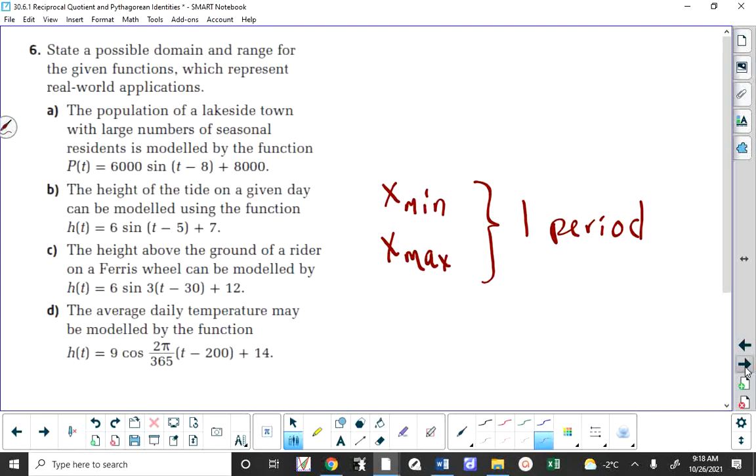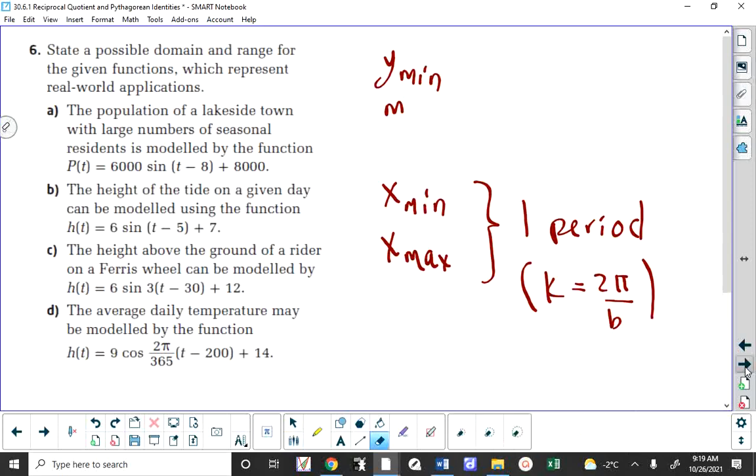So you have to look at the equation of the function and determine the period, which can be found by taking 2 pi over b, so that once you know the period, you can set up your x min and x max. You want to look at the graph horizontally for one complete cycle. In terms of your y min and y max, well, you want to look at your minimum and maximum values of the function.